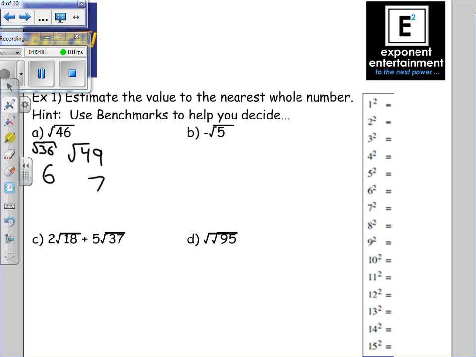So then he can take a guess at what the square root of 46 would be. 6.5? Probably a little higher. 6.5 means it would be directly in between 36 and 49. But 46 isn't quite directly in between those two numbers, is it? Let's say 6.8.